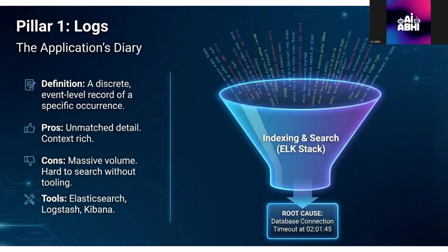When you have hundreds of services producing millions of logs, finding the right one is like searching for a needle in a haystack. That's where tools like the ELK stack come in. Elasticsearch stores and searches logs, Logstash processes them, and Kibana lets you visualize them. So it is a powerful combo.